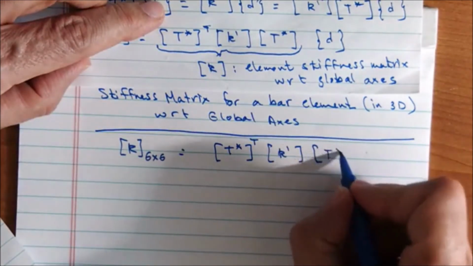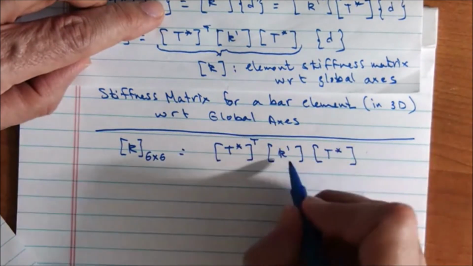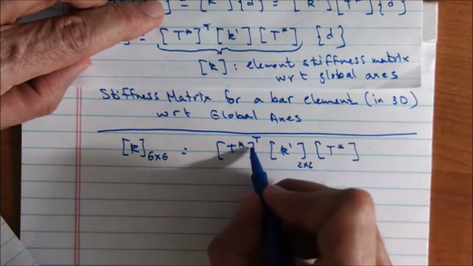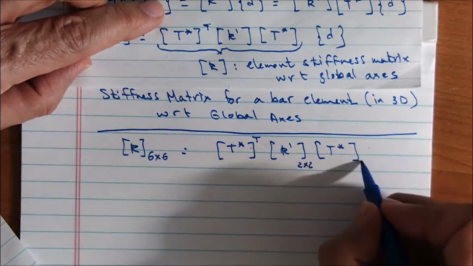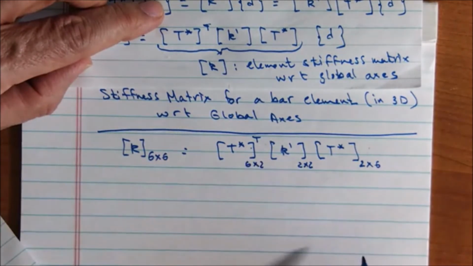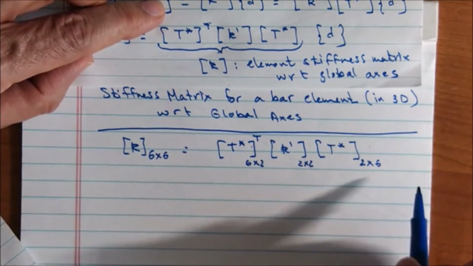Now, please recall that this K prime is a 2 by 2. The T star was a 2 by 6, so the transpose of it would be a 6 by 2. So if you look at this, the outcome of this multiplication would be a 6 by 6.